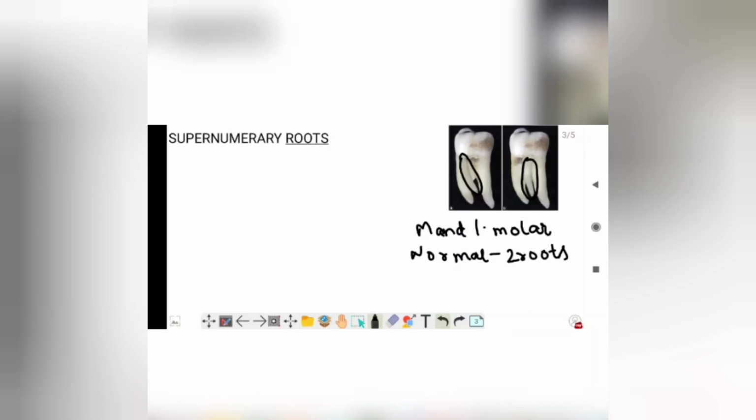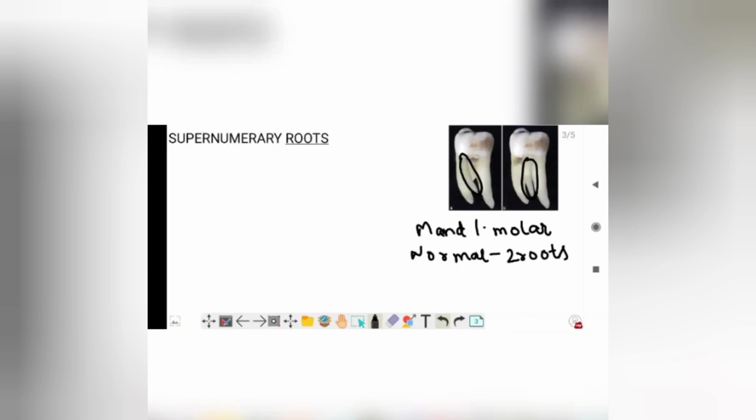Second, how can it affect during exodontia? Suppose we know that the mandibular first molar has two roots. We have taken out the tooth and we have seen two roots. So we will feel that no root has been broken off, but it had a supernumerary root which is left unrecognized in the socket, and that will cause further infection.